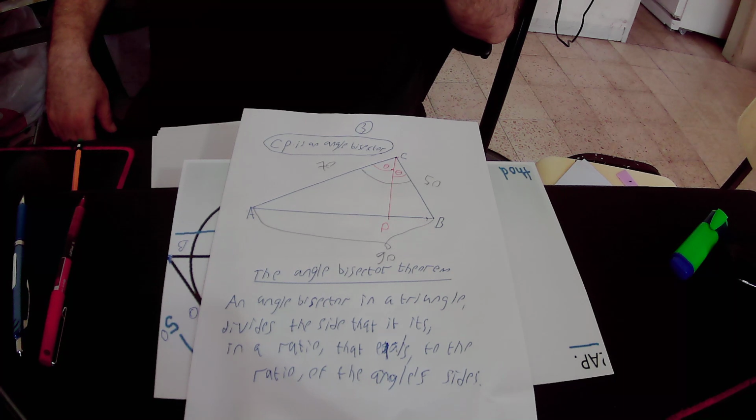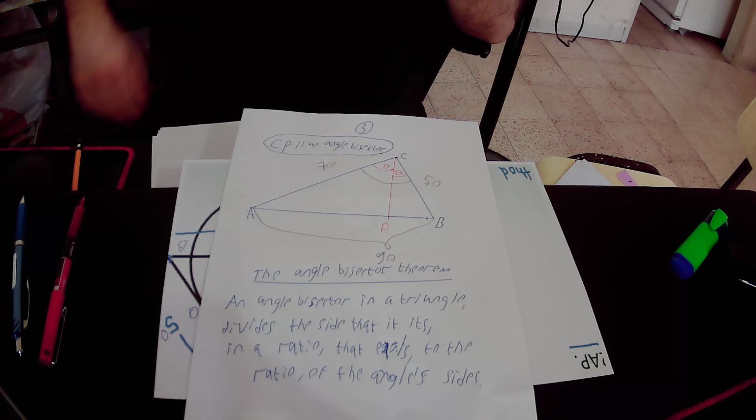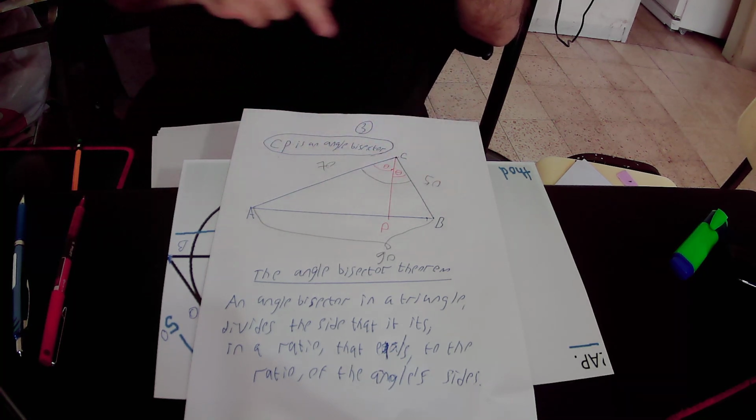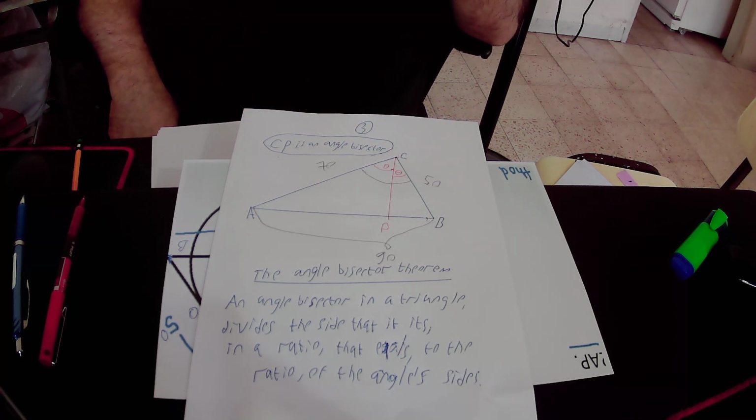So an angle bisector CP in triangle ABC divides the side that it eats.